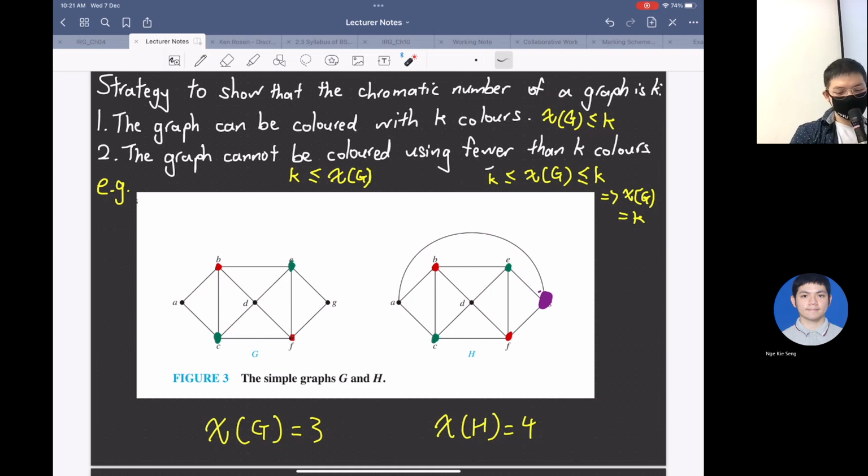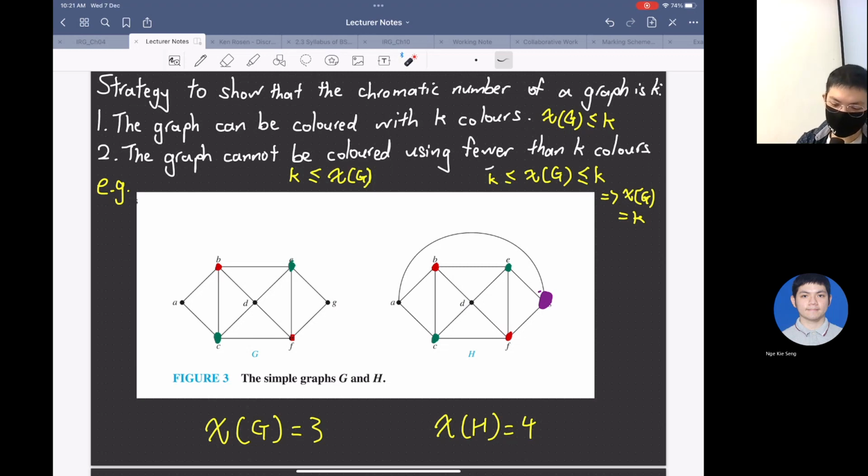If I use less than 4 colors, you will get adjacent vertices that have the same color. You want me to show you or you are okay with it? Yes or no? Okay, show it.